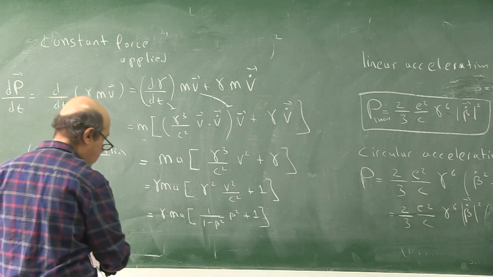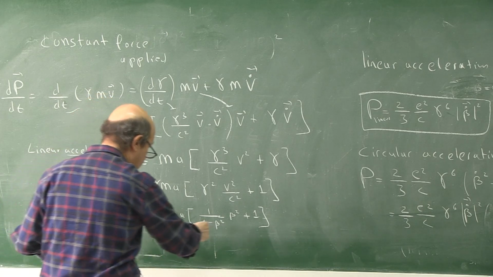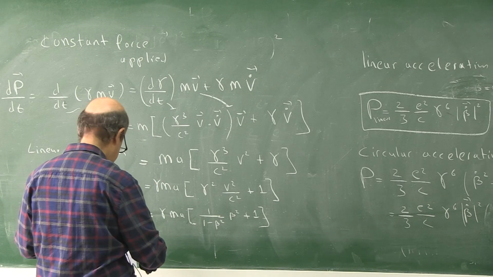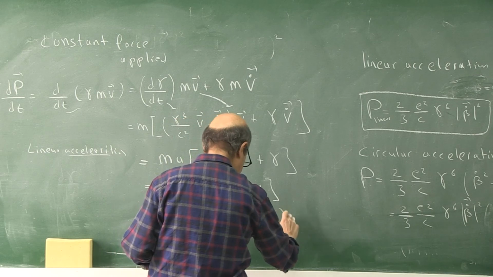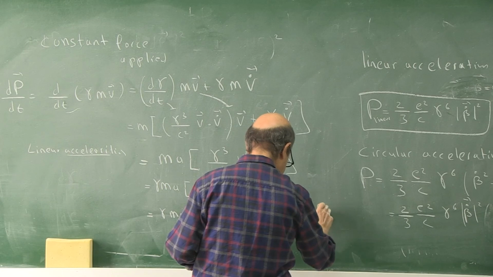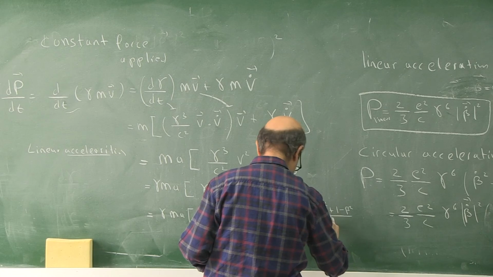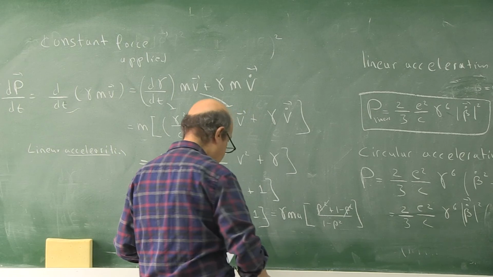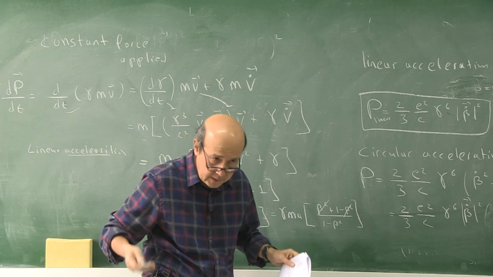Basically, if you multiply the right term, the 1 minus beta squared will be cancelled, and this will be gamma times mass times acceleration, times beta squared plus 1 minus beta squared, divided by 1 minus beta squared. This is cancelled, and this is 1 over 1 minus beta squared, which is gamma squared.